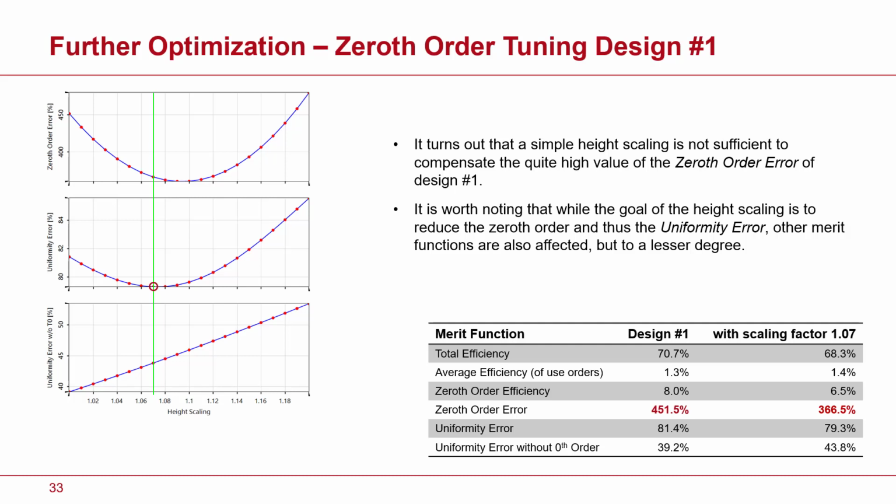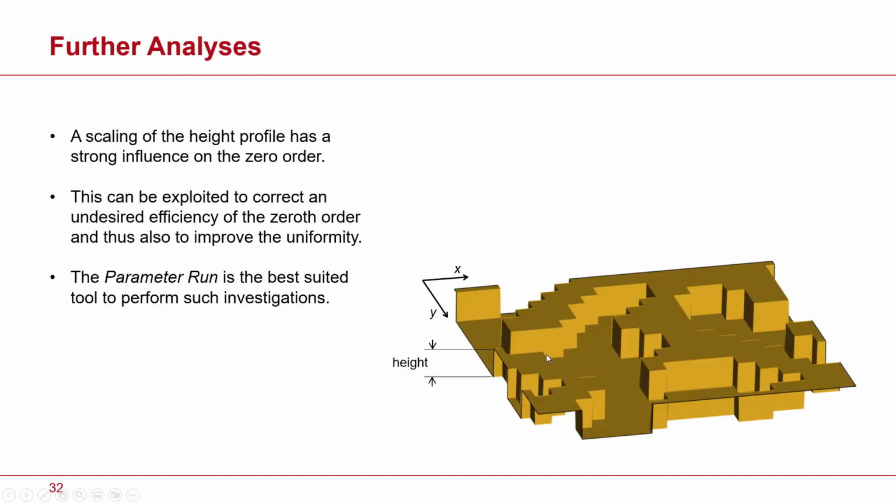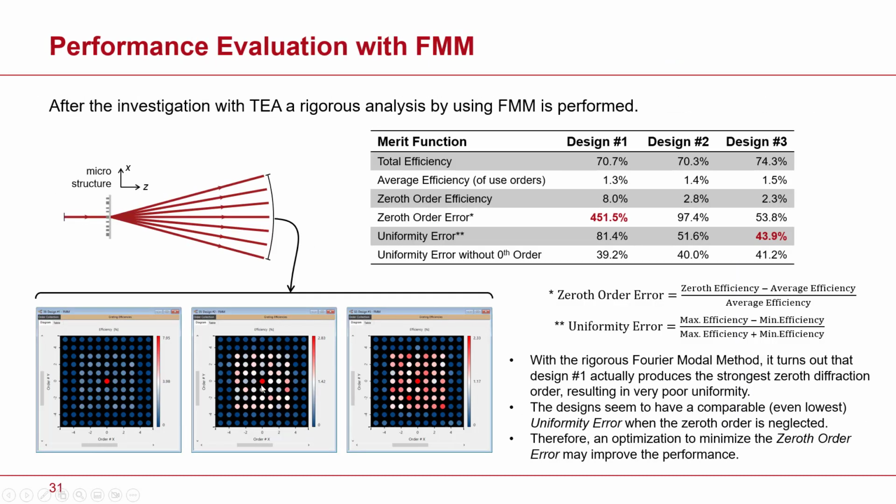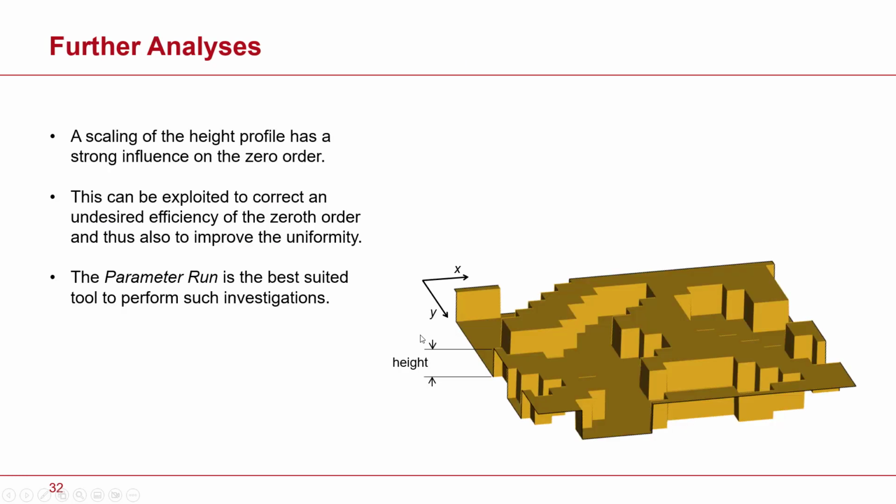The aim here, of course, is to improve the uniformity. Let me go back. The orders, the working orders, the orders that we're interested in are the 7x7 central orders, as we know from the design. The others are straylight, the ones with the lower efficiency that we can see around that central part. Those are straylight.